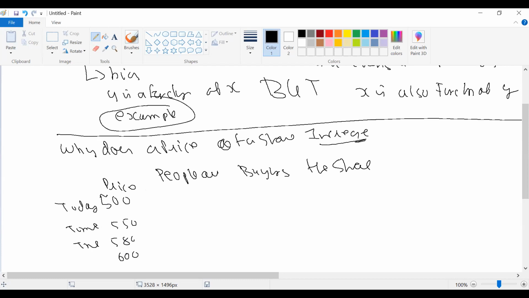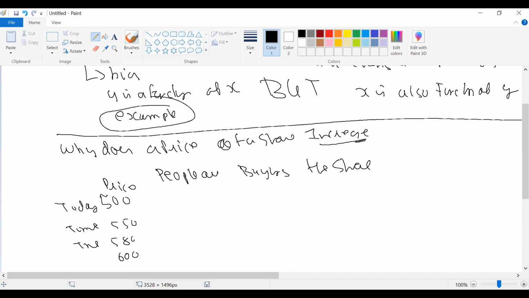But why are people buying more? अब क्वेश्चन को दूसरा एंगल से सोचो, तुम खरीद क्यों रहे हो? Why are you buying it? Because you are thinking कि it will go up. इसीलिए तो तुम खरीद रहे हो ना. अगर तुम्हें लगता है कि नीचे जाएगा तो नहीं खरीदते. You are buying because you are thinking price will go up, and prices are going up because people are buying more. अब समझ में आ रहा है?